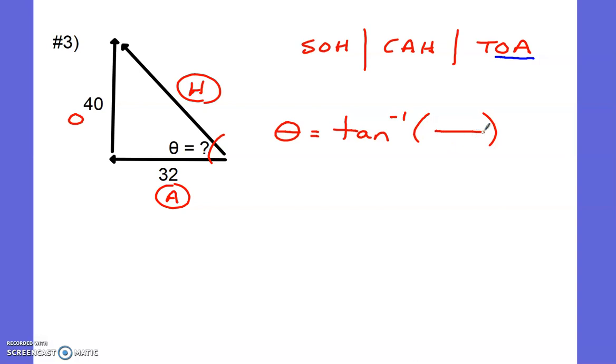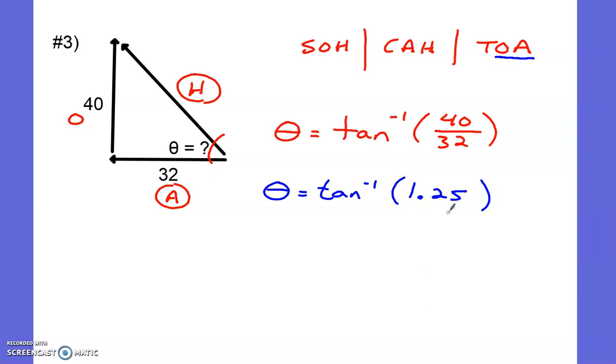We still write it out, though, as the opposite, which is 40, over the adjacent, which is 32. I'm going to rewrite this. Inverse tangent. If I divide on my calculator 40 and 32, I get the number 1.25.